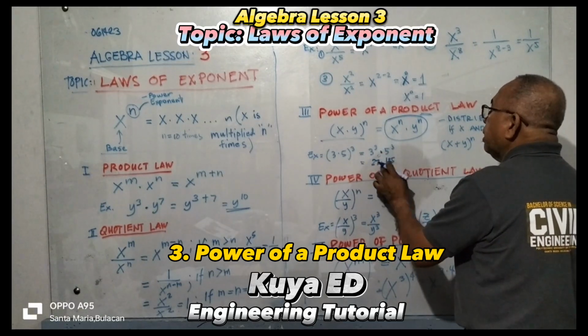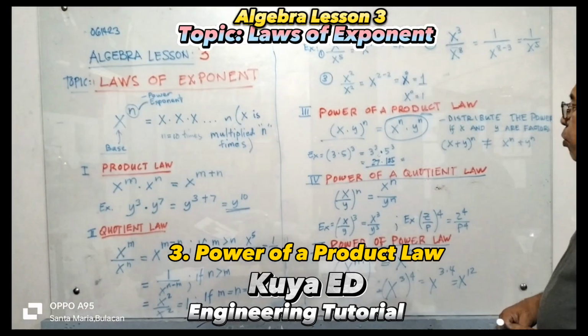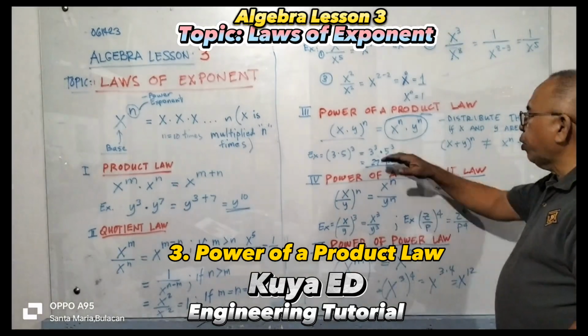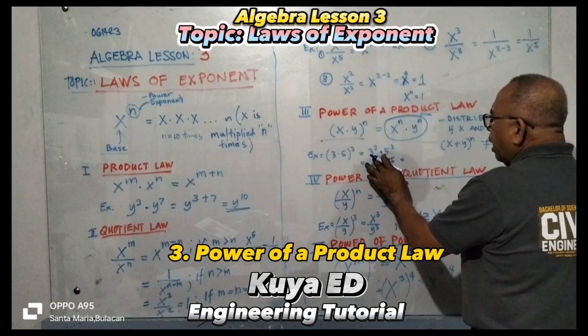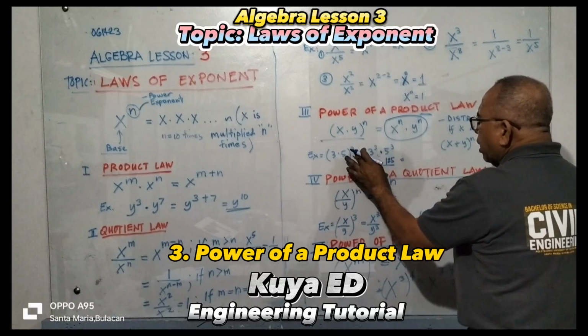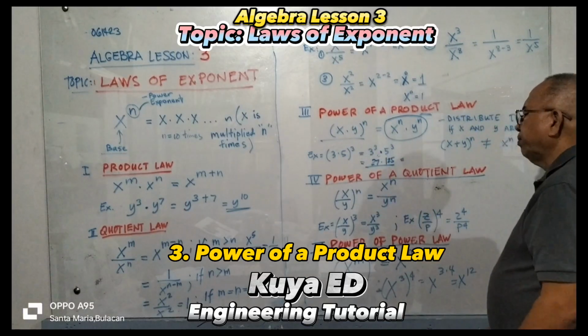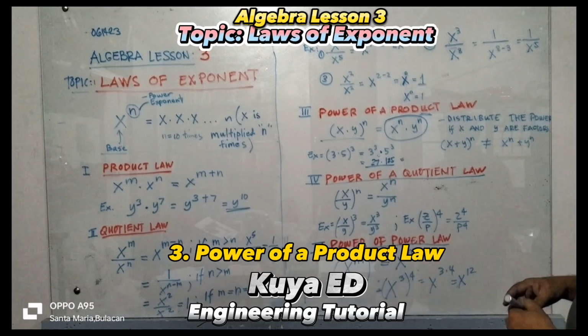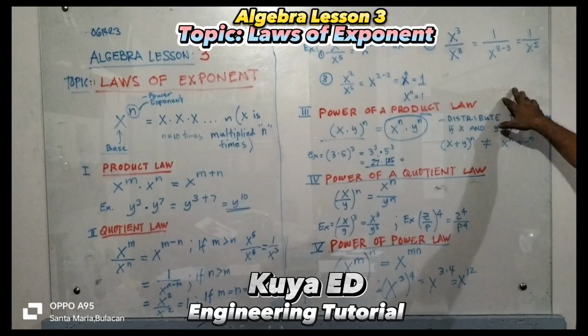O kung anong product nila, yun yung actual product. No? Pero dito, because we are using the exponent, so ang magiging mangyari ay dinistribute natin yung cube sa bawat factor. Okay? So yun daw yung tinatawag nating power of a product law.